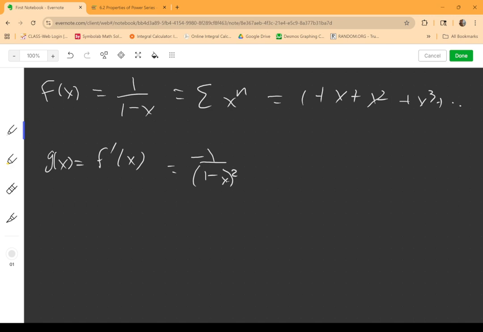Because by the chain rule, the derivative of negative 1, the whole thing is positive 1 over 1 minus x squared. Now I can come up with a power series of this.